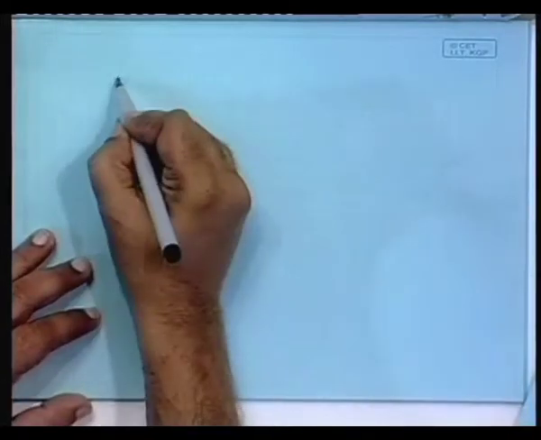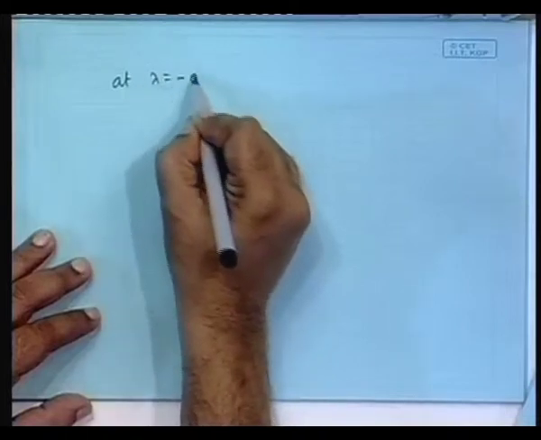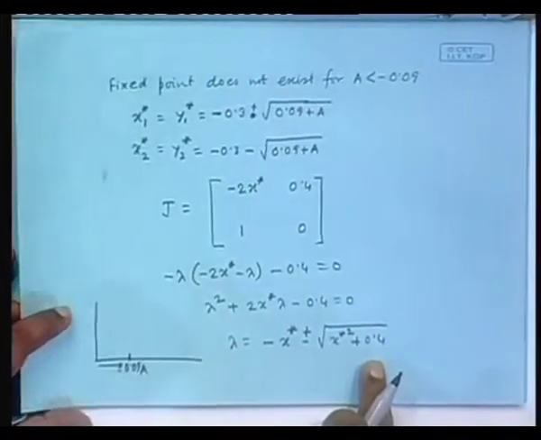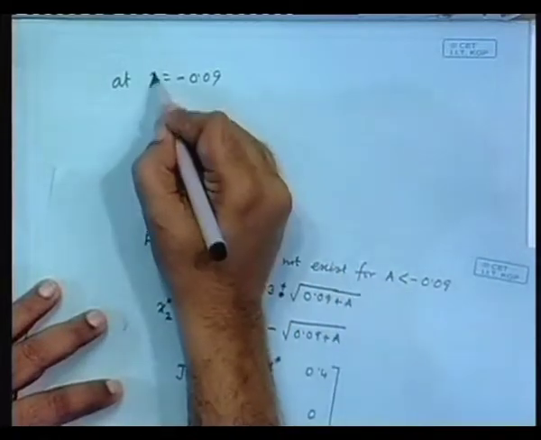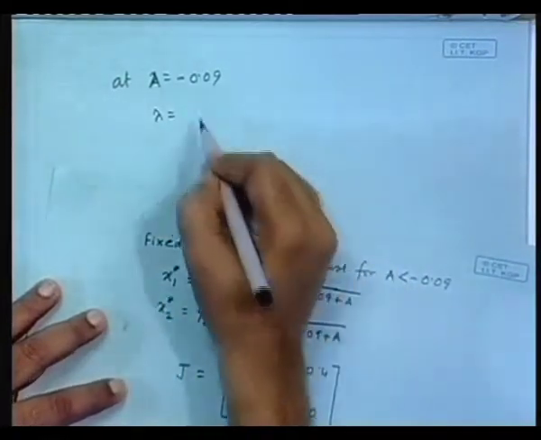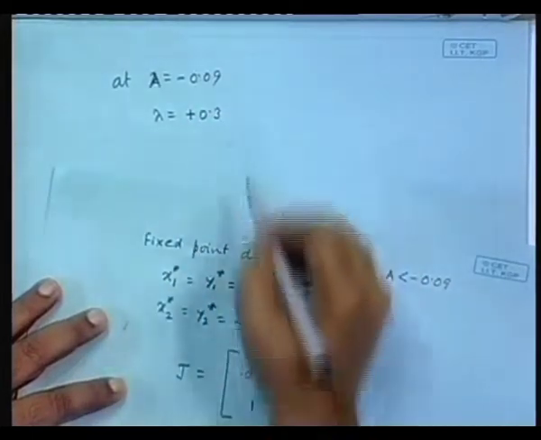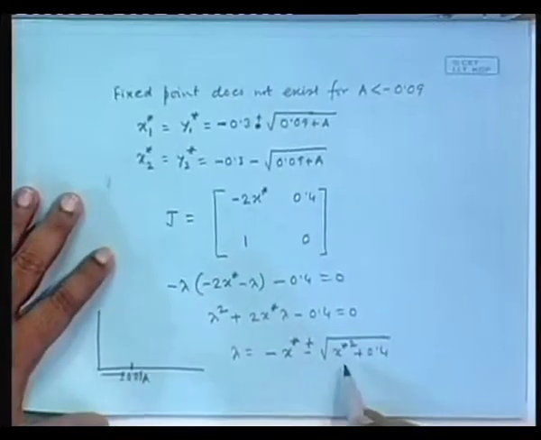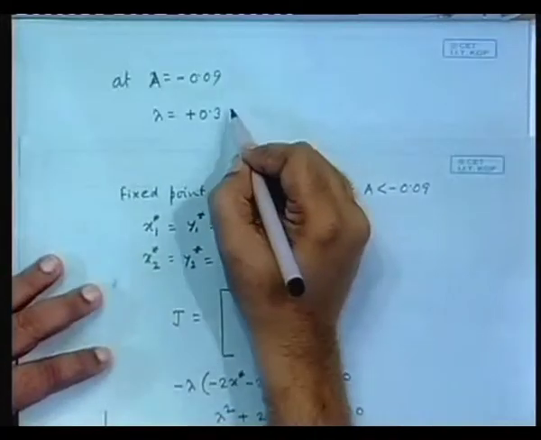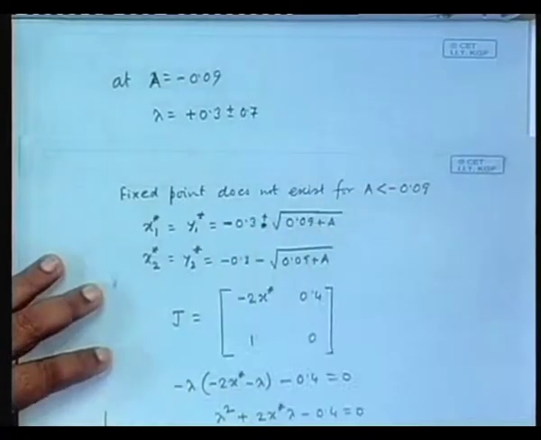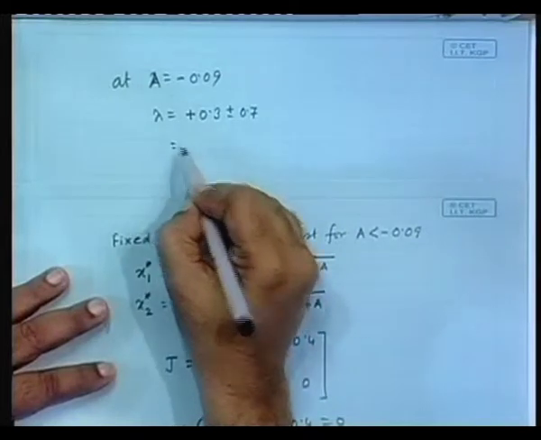So, if you substitute this at a is equal to minus 0.09, lambda is equal to minus, plus 0.3, plus minus, so 1.